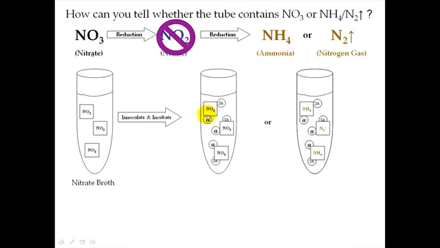So how do you know which one of these two things occurred then? Well, you'll be asked to add some chemicals that function in reducing any remaining nitrates in the tube. So those chemicals are this. You're going to be asked to add zinc and hydrochloric acid if you see no initial red color.